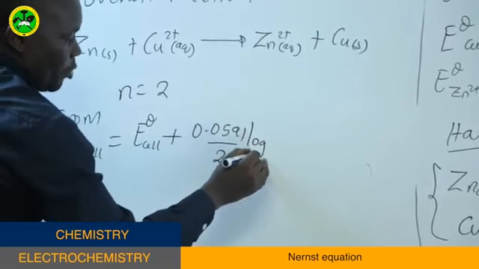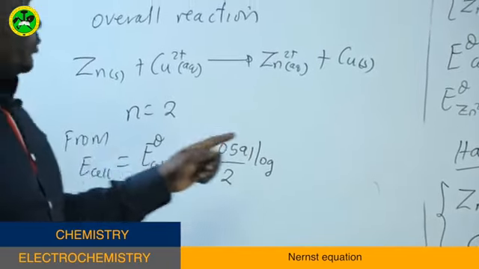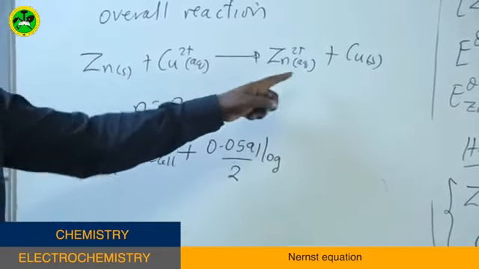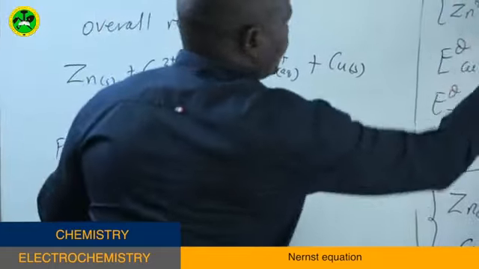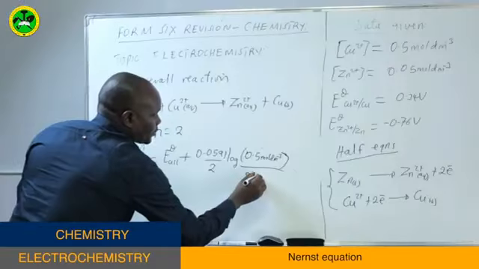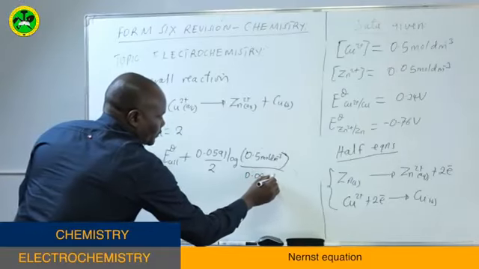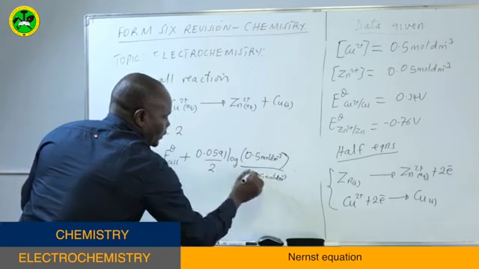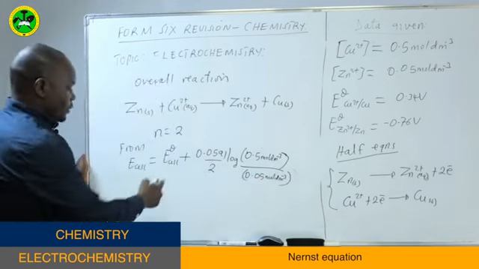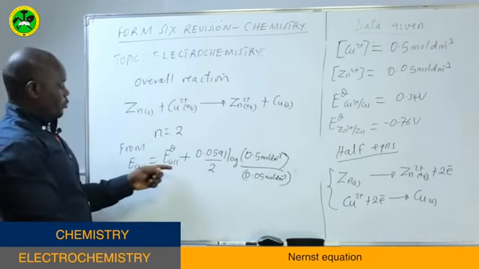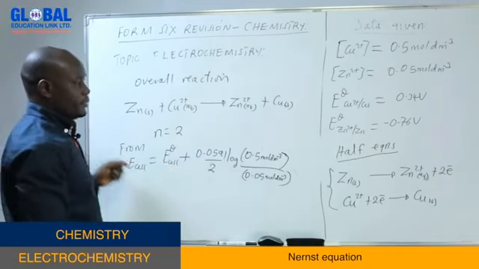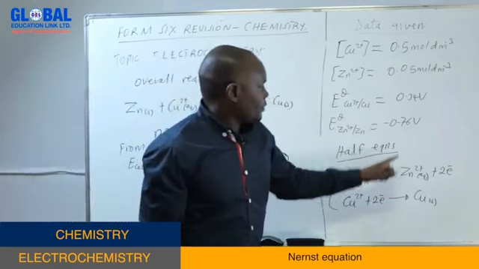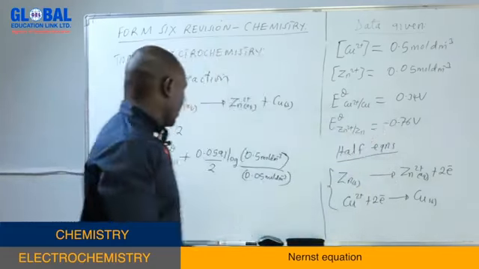This will be divided by the concentration of zinc, which is the oxidized species, 0.05 moles per decimeter cubed. Now the E of a cell is equal to E cathode minus E anode, and E cathode here is copper.